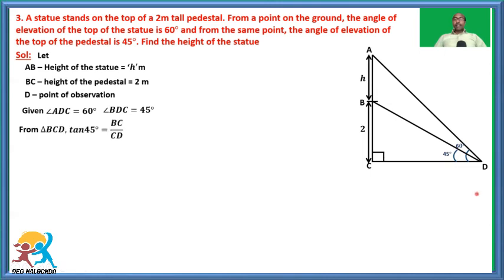That is tan 45 is equal to BC by CD. So we know tan 45 is equal to 1, BC is 2, so we can write CD is equal to 2 meters.